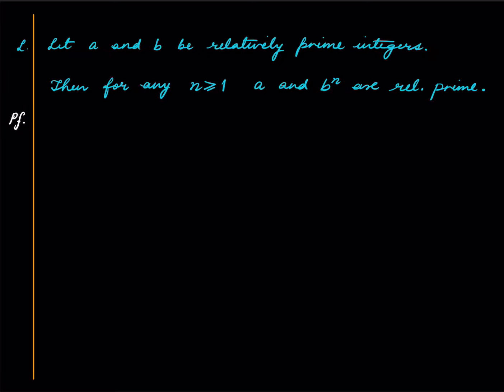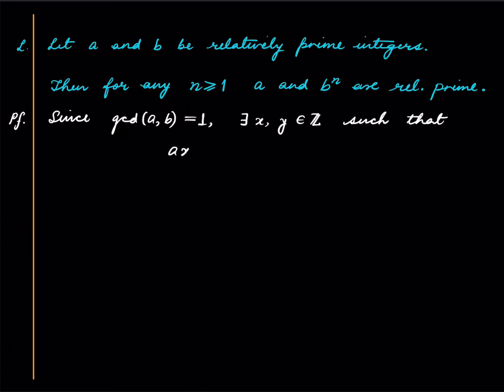It's the same idea. So since the GCD of a comma b is 1 by hypothesis, by Euclid's theorem there exist x and y such that ax plus by is 1. And now I will square both the sides.